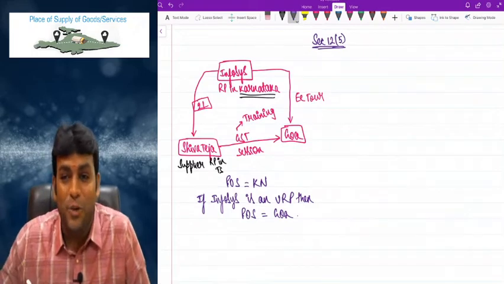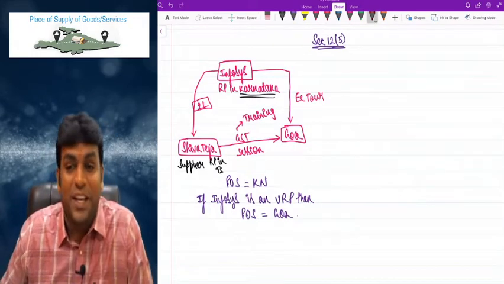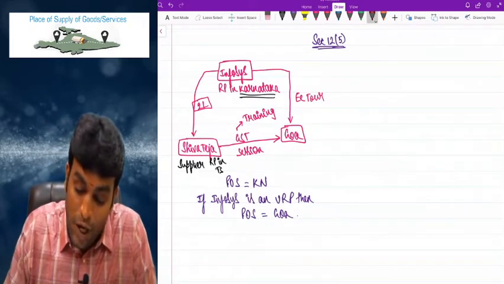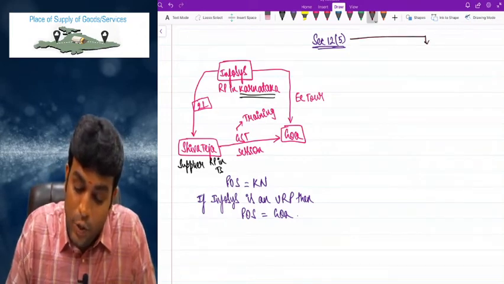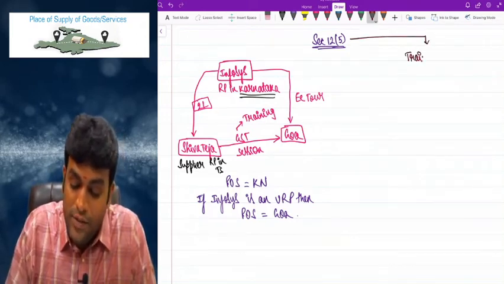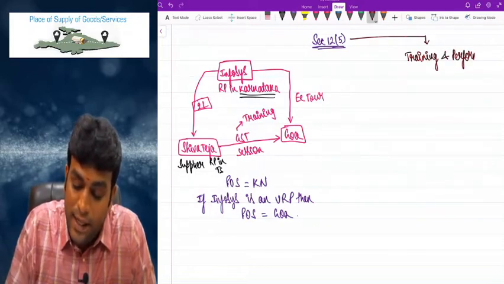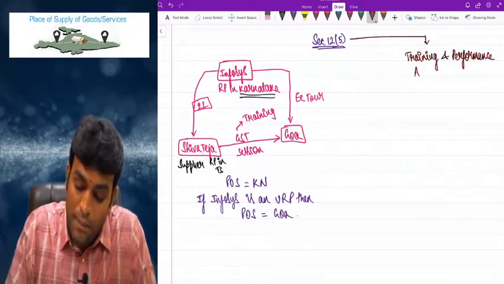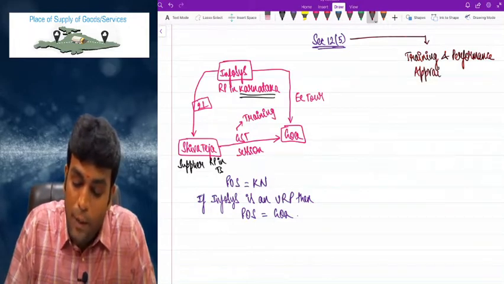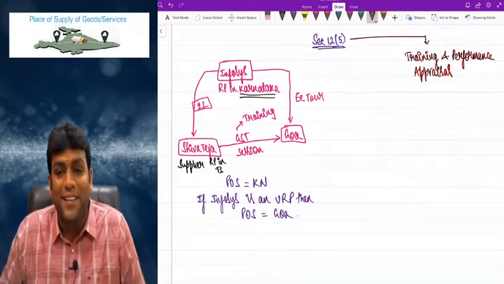This point is given by 12.5. How? Come on, let me clarify here. Concentrate, please. What law told very clearly is that 12.5 deals with the place of supply in case of training and performance appraisal. Performance appraisal is telling how performance has to be done, how it has been done.